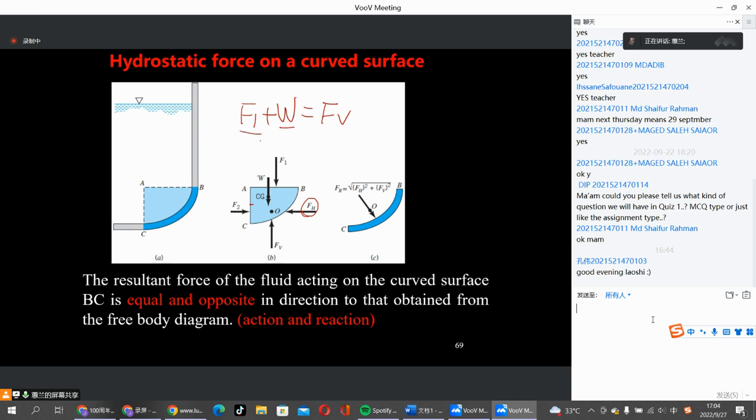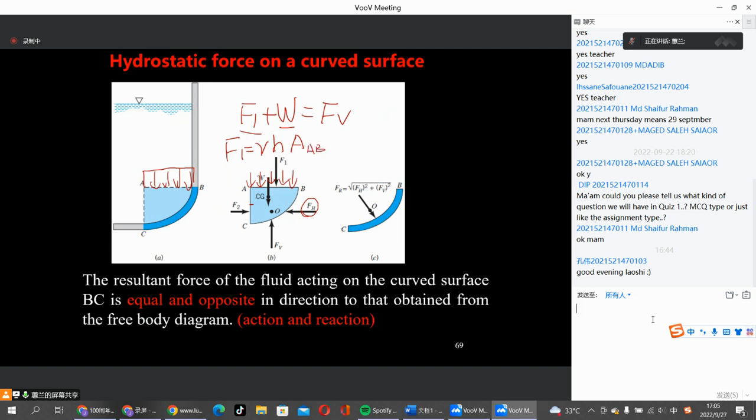How about F1? We know AB is a horizontal plane, so AB has uniform pressure loading. F1 is equal to the pressure, gamma H, where H is the vertical depth to the free surface, times the area of AB, right?